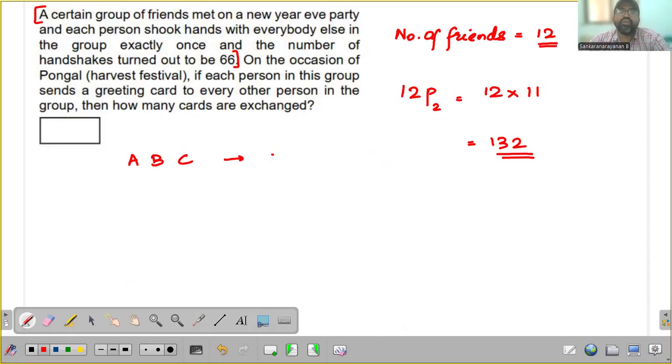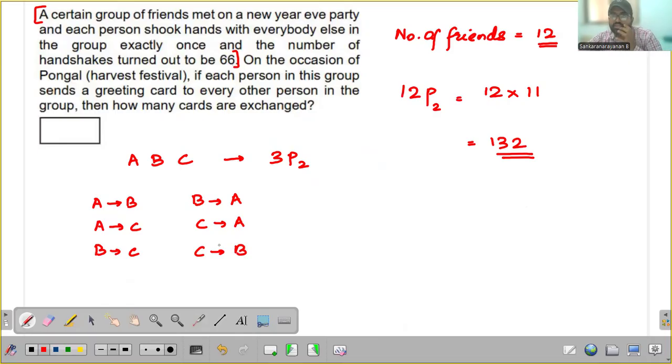So 3P2, which is 3 into 2, 6 different cards will be exchanged. A gifting a card to B, B gifting a card back to A, A gifting a card to C, C gifting a card back to A, B gifting a card to C, C gifting a card back to B. So 6 it comes. So it's about permutation in this case.